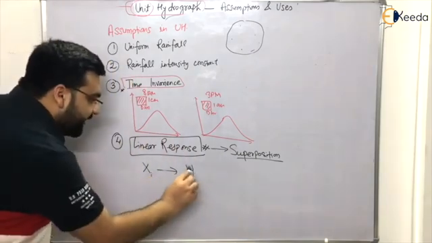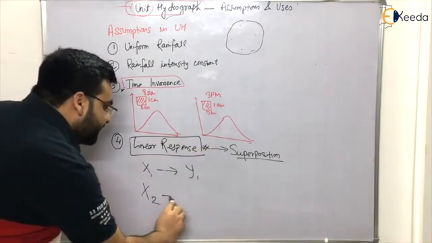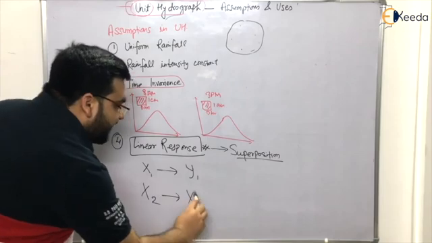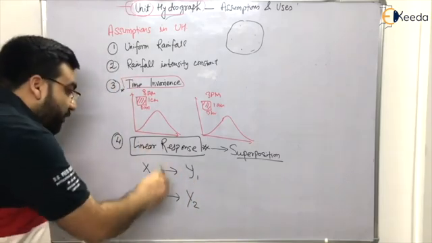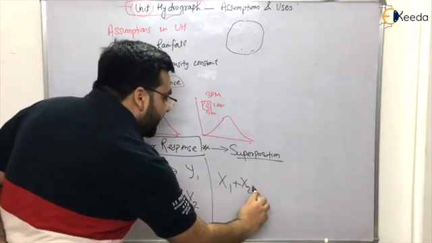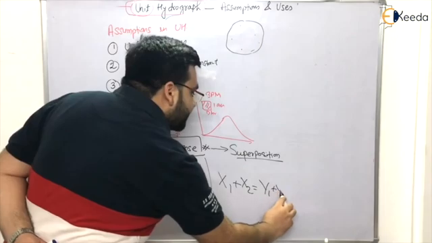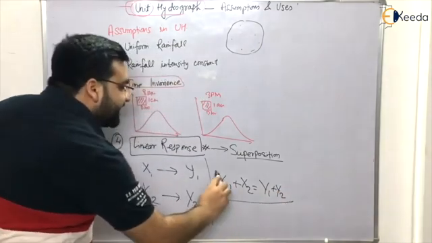X1 gives you Y1, and X2 gives you Y2. So if you add these two, X1 plus X2, then you will get a direct runoff hydrograph of Y1 plus Y2.